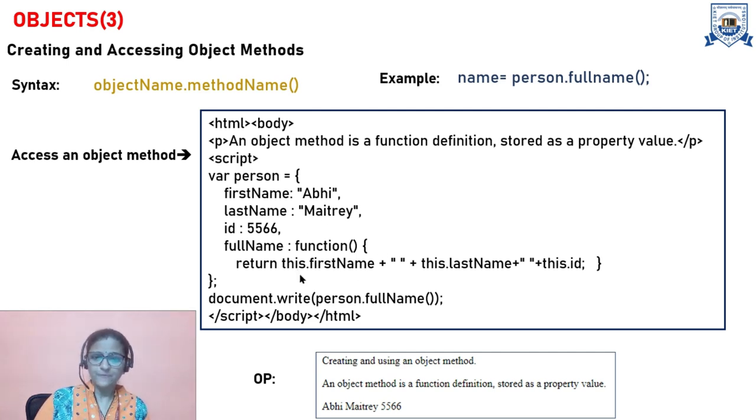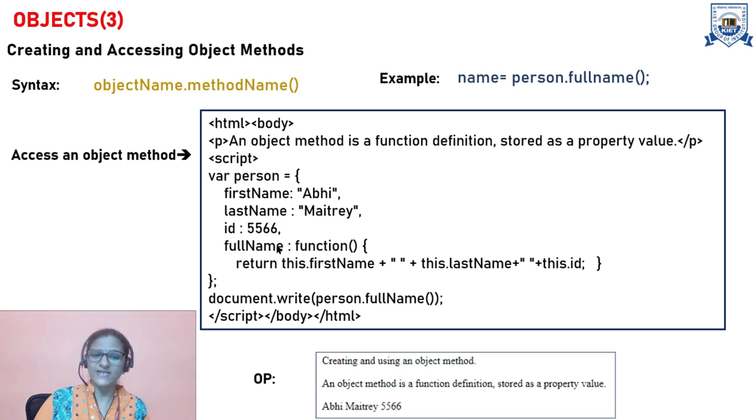This is the way of creating and using an object method. So first we create the object, then we create the method, and basically the object method is a function definition stored as a property value, and this fullName is working as a property.